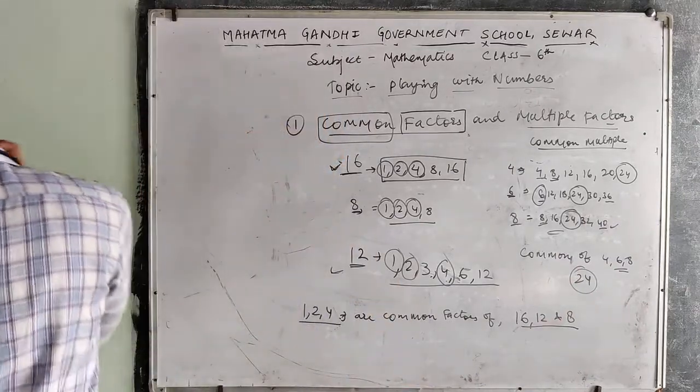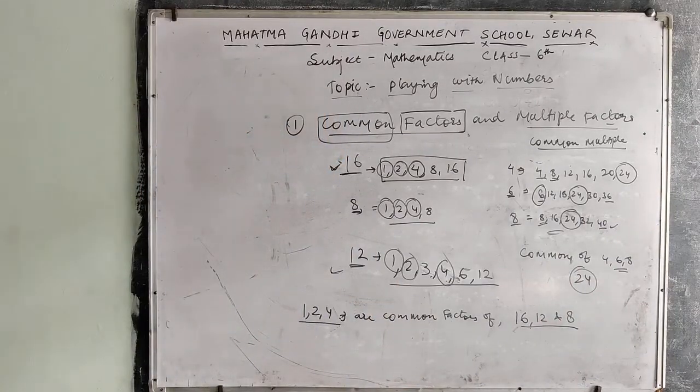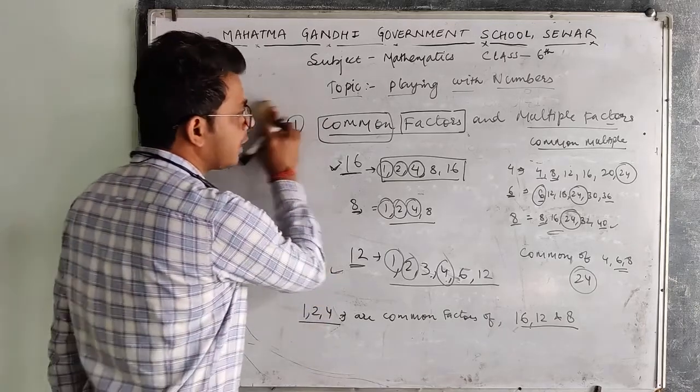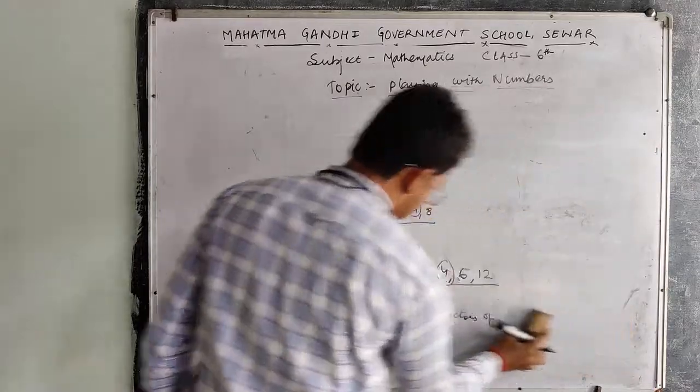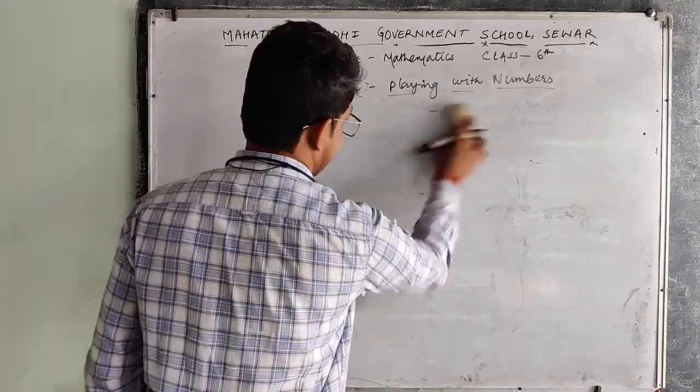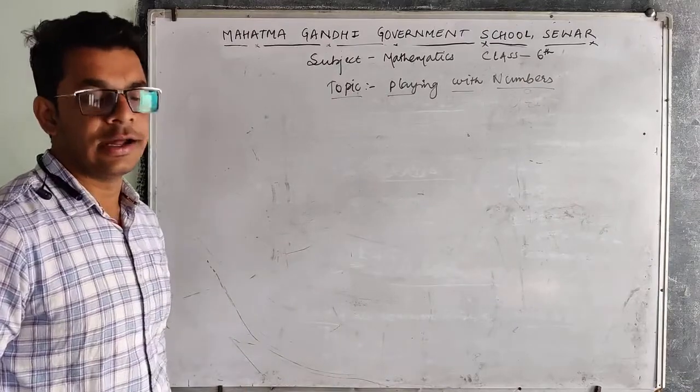Now there are some rules of divisibility. We studied divisibility in the last class, but there are certain other rules.